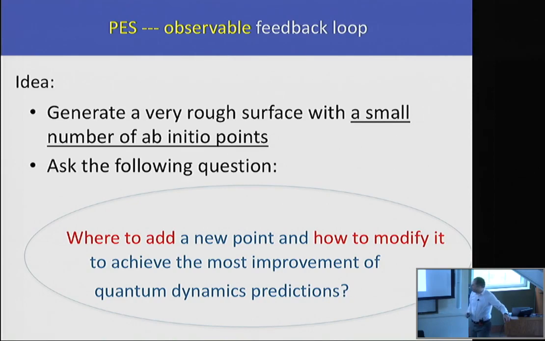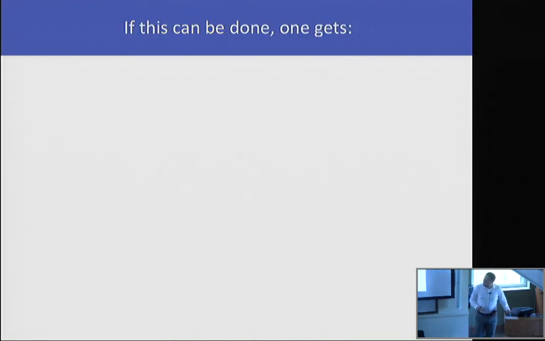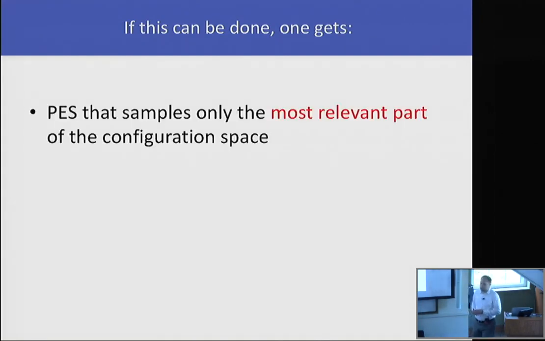We're after accurate quantum dynamics predictions. Okay? Now, if we can do that, we get two things. First of all, we get the potential energy surface that only spans the most relevant part of the configuration space. Because a lot of times, if we just first construct the potential surface and then we use it in the quantum dynamics calculations, the potential surface is unnecessarily global, right?